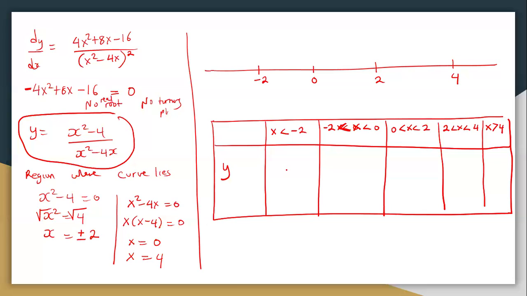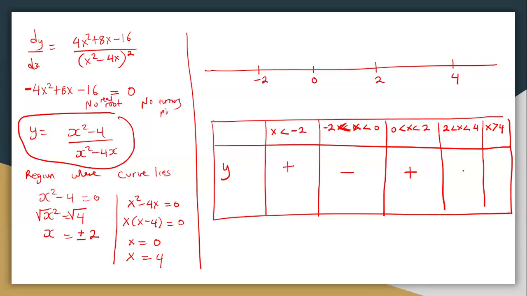So here I'm getting something positive. When you put between negative 2 and negative 1, say negative 1, I'm getting a negative. Then put anything between, there it's a positive. Then the next one, it's a negative.